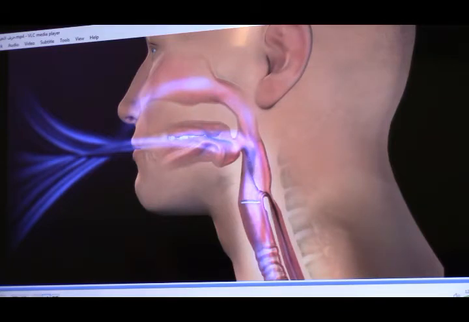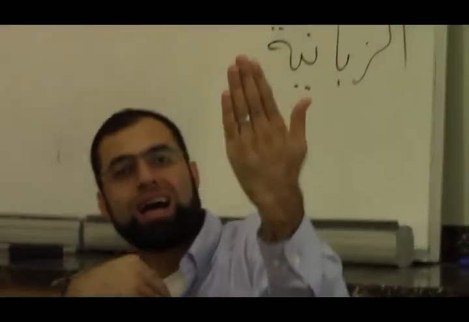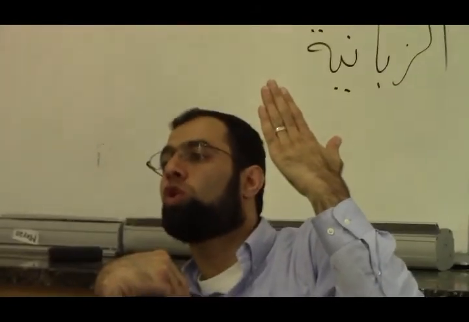The epiglottis will close for Ayn and open for Ha. That's correct, but not precisely correct. The epiglottis will move. Where? It will move back to the back wall of the throat.